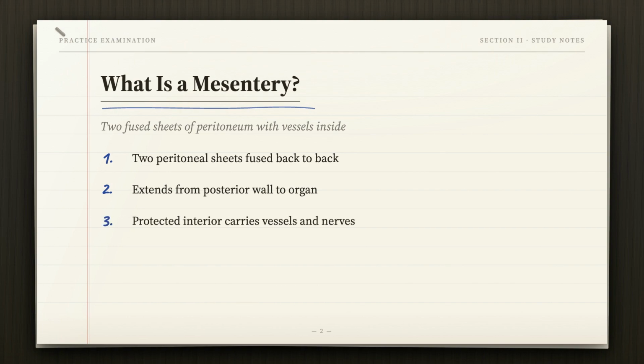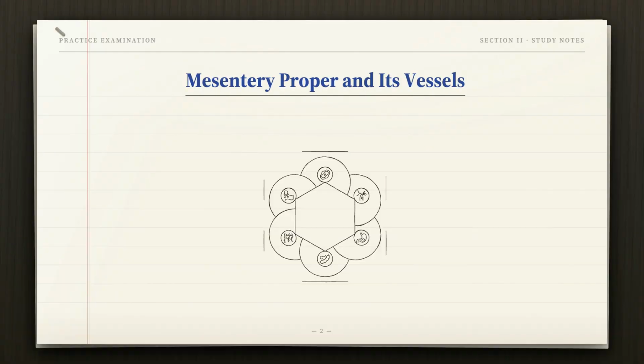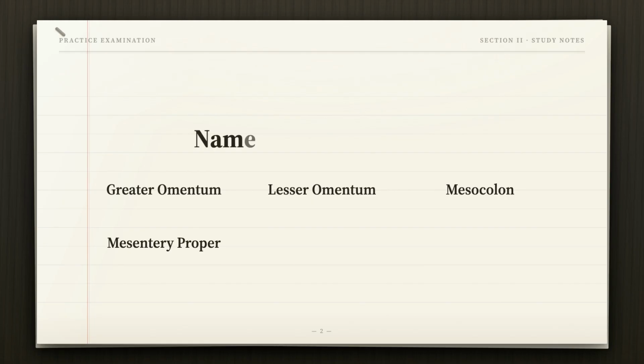Its protected interior is where blood vessels, lymphatics, and nerves travel, so support and supply happen through the same design. The mesentery proper attaches along a short oblique line on the posterior wall, yet fans out to gather many meters of jejunum and ileum into orderly loops. The superior mesenteric artery branches through it toward the bowel, while veins and lymphatics run alongside back toward the liver.